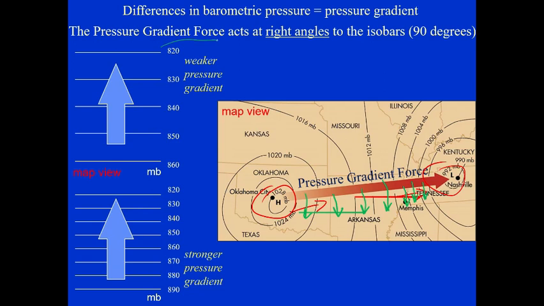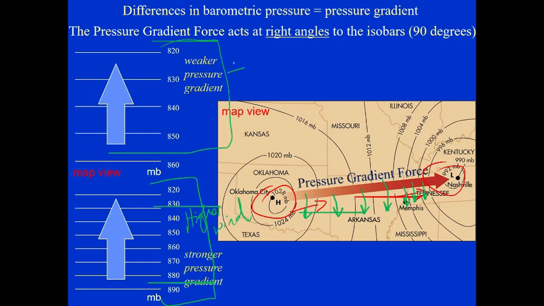Now, one thing: although wind doesn't go in the same direction as pressure gradient force, pressure gradient force is the force that is moving the wind, one of the forces. So when the gradient is high, that means that the isobars are spaced closely together. The gradient is high. That's going to make a stronger pressure gradient force, and that's going to result in higher wind. Okay, so over here you'll get higher wind.